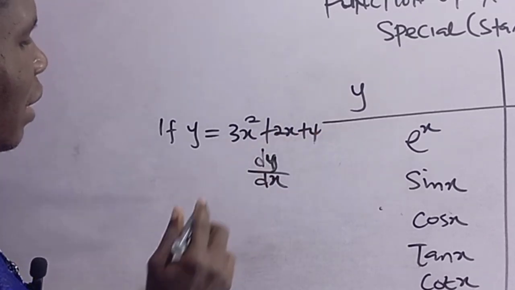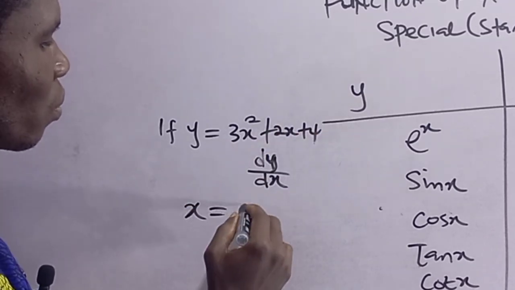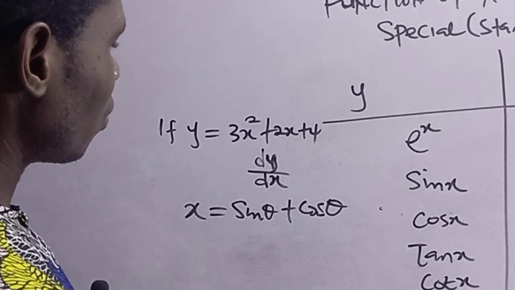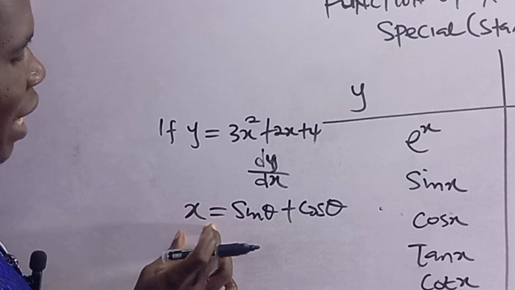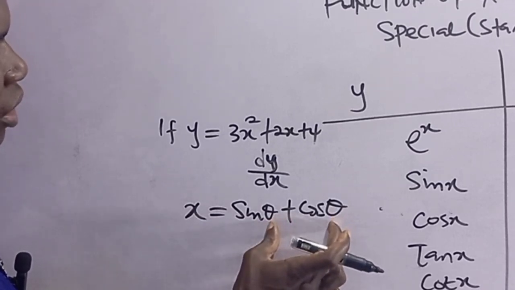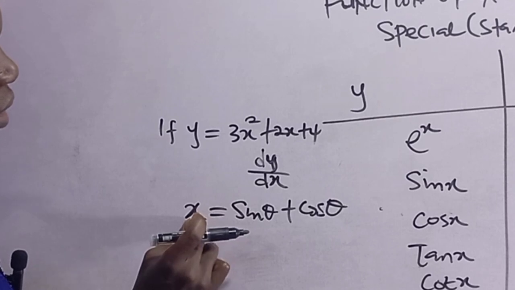Let's say that x is also equal to sine theta plus cos theta. So here we now say x is a function of theta, because as theta changes, x also changes.